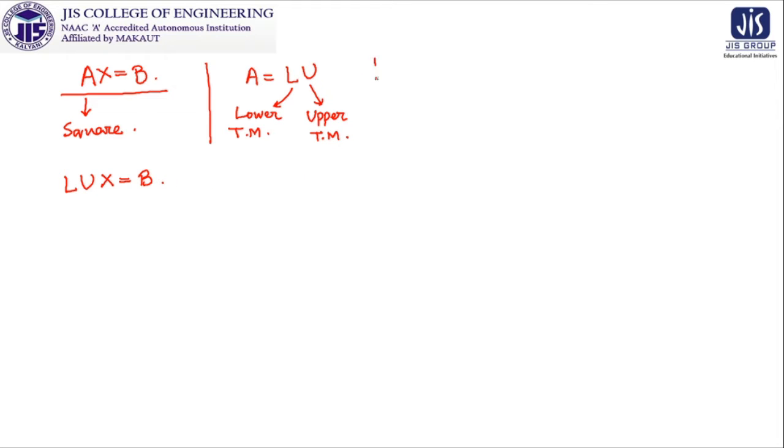Now just for our initial understanding, if we consider A is a square matrix of 3 cross 3 order, then L is also going to be a square matrix of 3 cross 3 order and U is also going to be a square matrix of 3 cross 3 order. The total number of unknown variables is 3 and it is represented in a column matrix form, so x is 3 cross 1.